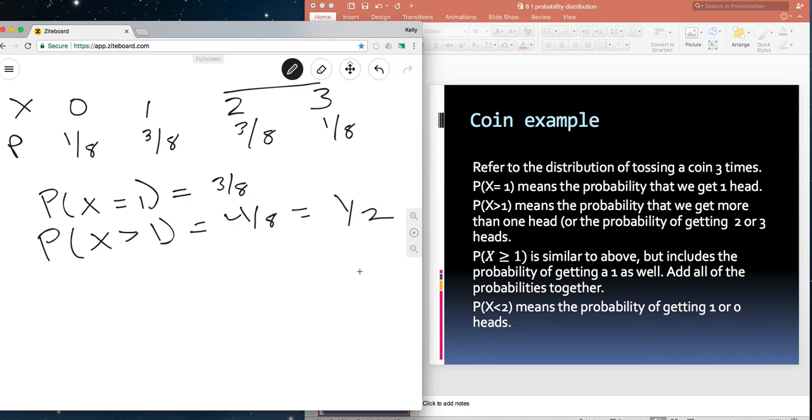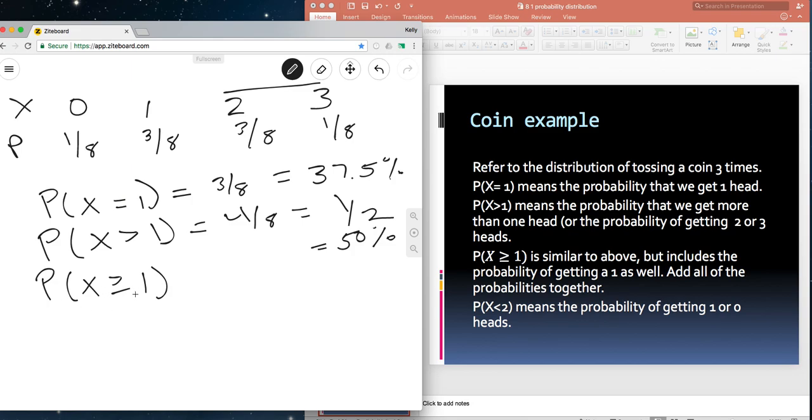And once again, if you like decimals better or percents, you could go ahead and change it. We already know that this was 37.5%, and we know 1/2 is going to be 50%. So notice when it said x greater than 1, we don't actually count 1 because it doesn't have that little happy bar under it.